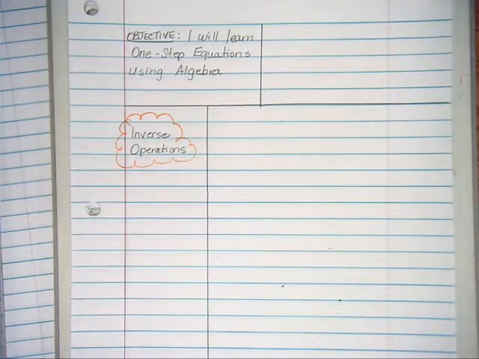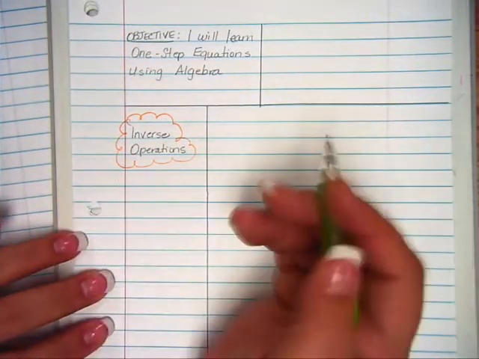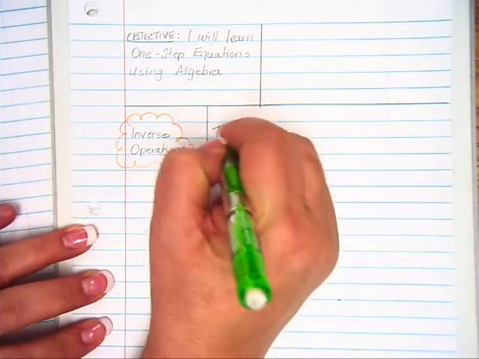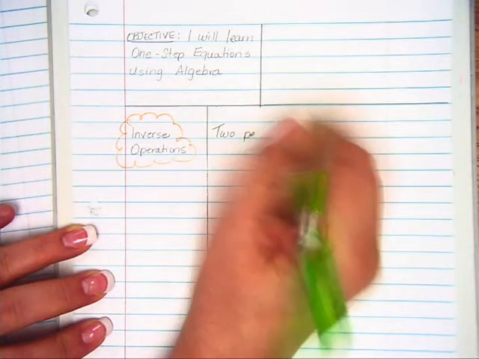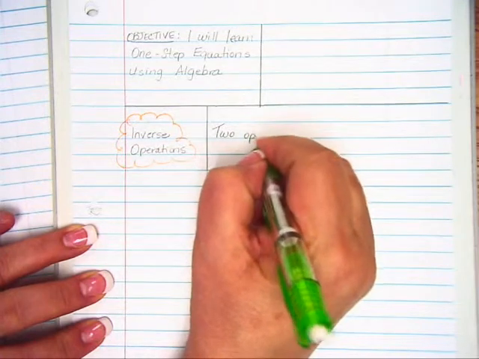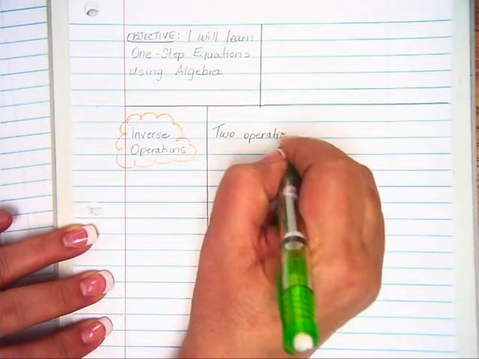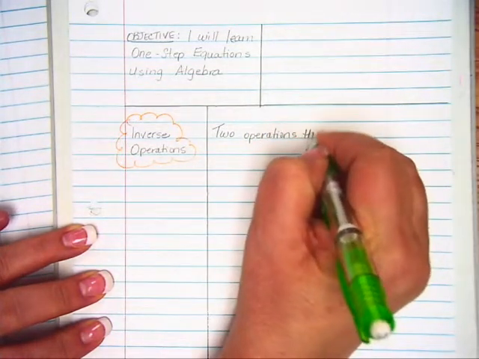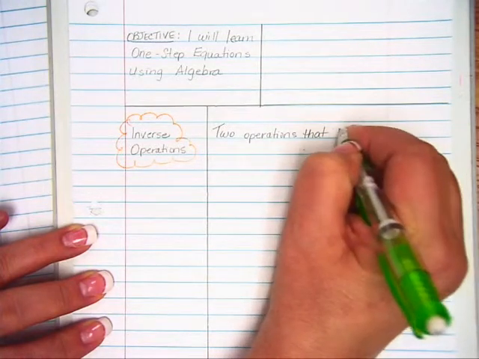So the definition of inverse operation is two operations that undo each other.